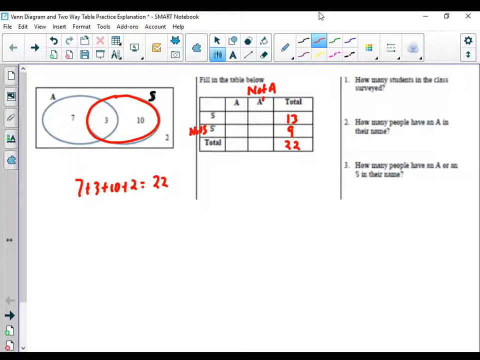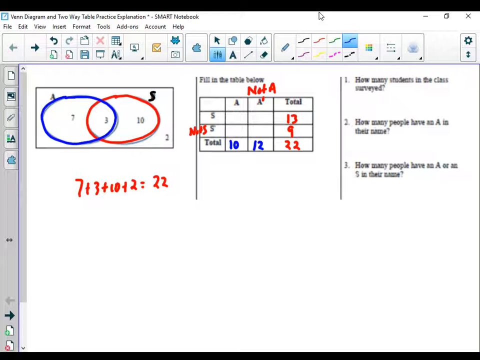If I look at the A's, I'd be looking at everything inside the A circle. That's 7 and 3, so the total that had A's would be 10. That means the ones that did not have A's would be 12, because again, we needed 22.